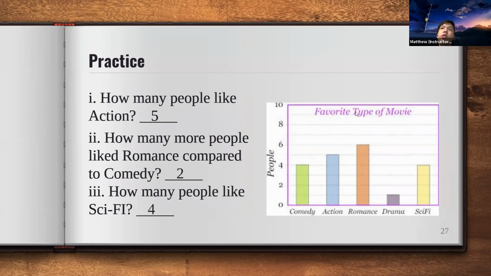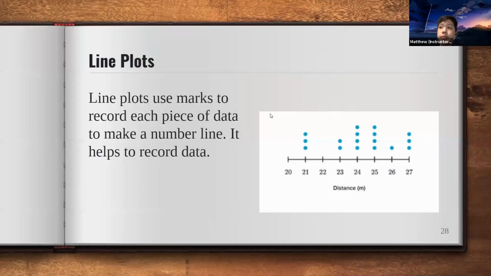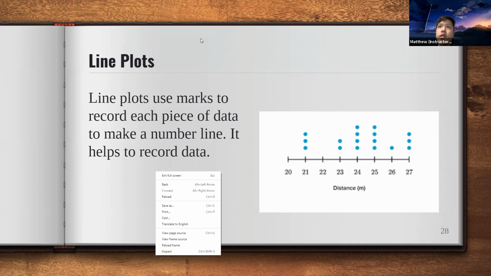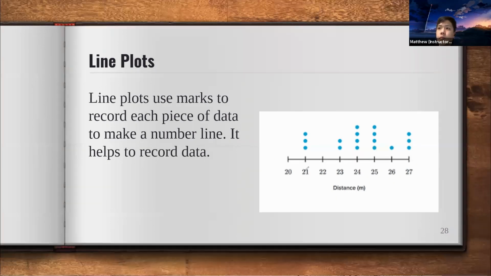Alright, to the next one. Line plots. Line plots use marks to record each piece of data on a number line. It helps to record data. So, for example, 21. I don't like this color. Let me change my color real quick. 21 has 1, 2, 3. So 21 will be 3.